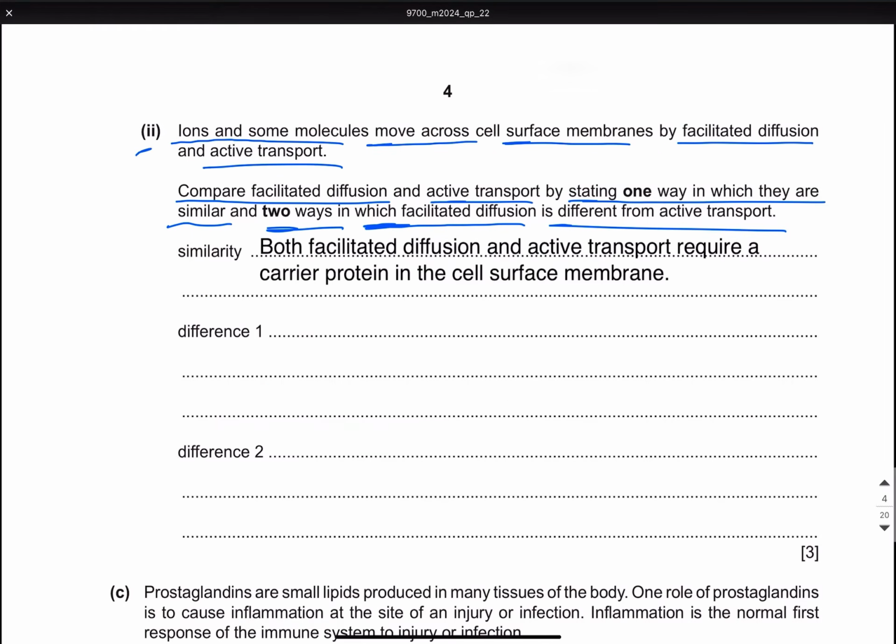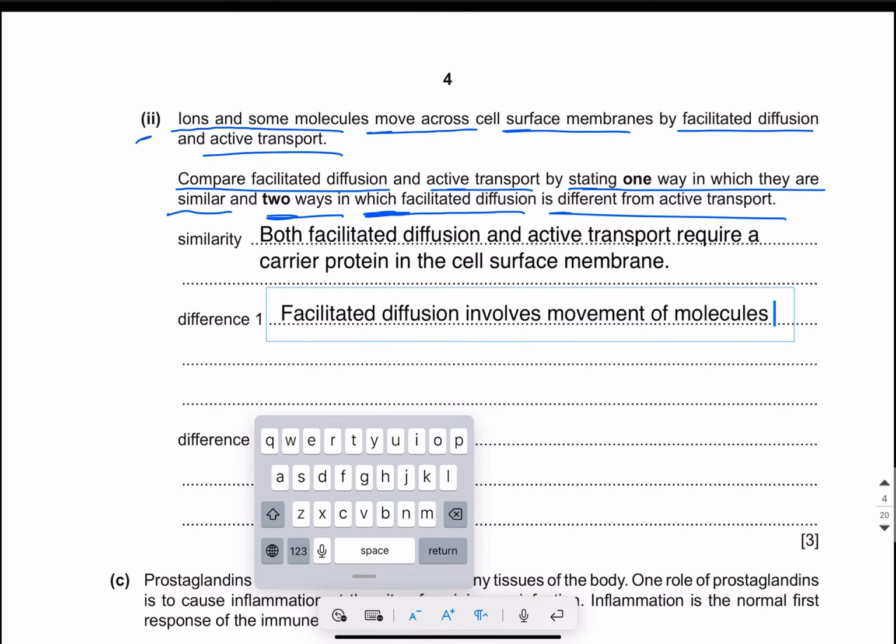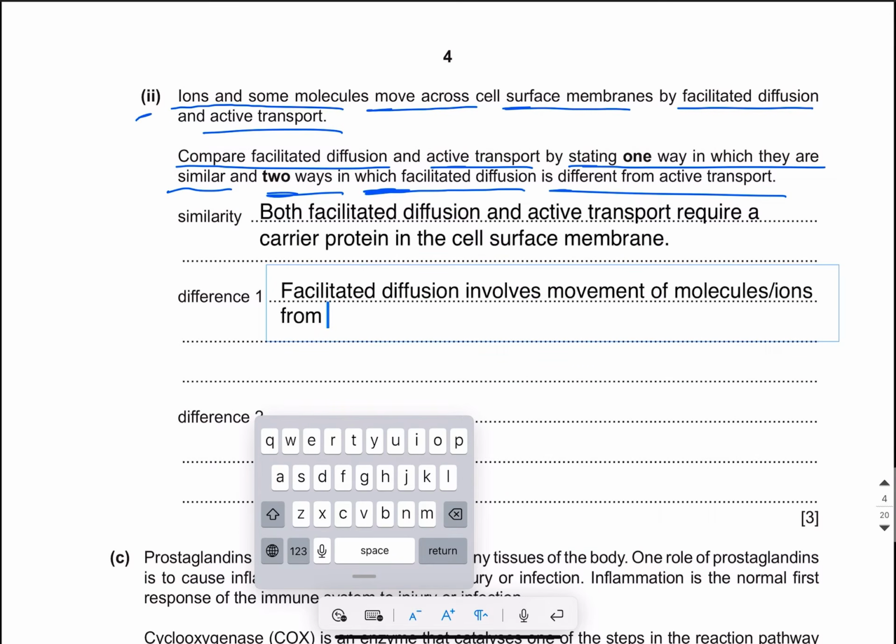You should know that facilitated diffusion involves movement of molecules or ions from a higher concentration to a lower concentration.